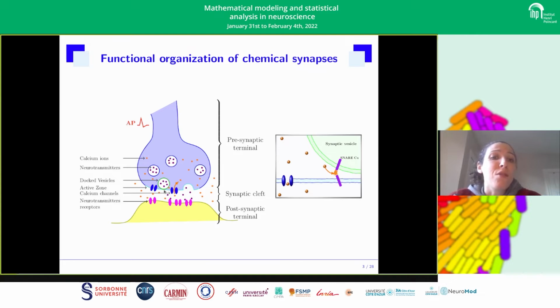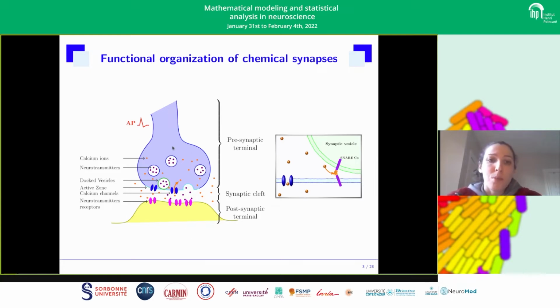But if enough of those ions, let's say 4 to 8, it's not yet extremely clear, bind on the vesicles that are already docked at this particular part of the membrane called the active zone, facing the postsynaptic part, then this is going to trigger vesicular fusion. This is the classical model for vesicular release at presynaptic terminals.